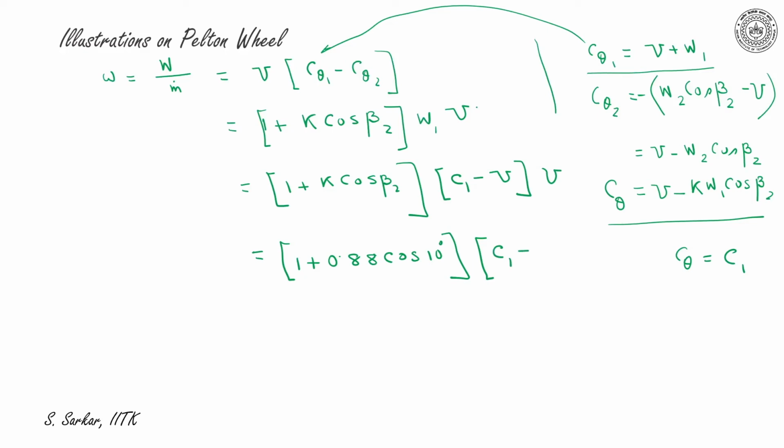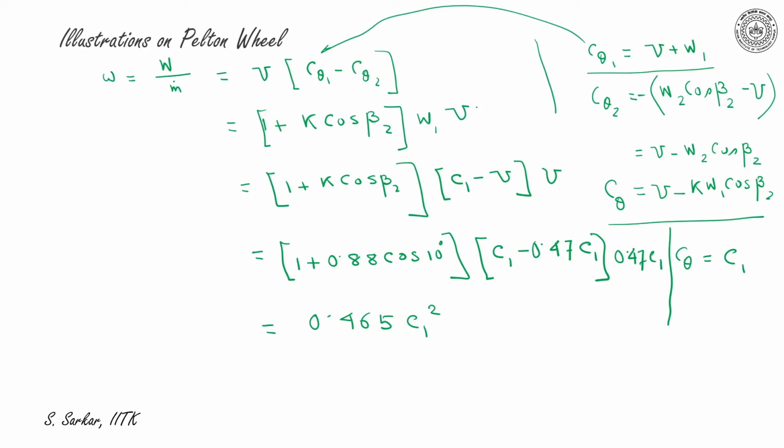U is 0.47 of C1, and again 0.47 C1. So if you do this, it would be 0.465 into C1 squared. Please check the calculation.